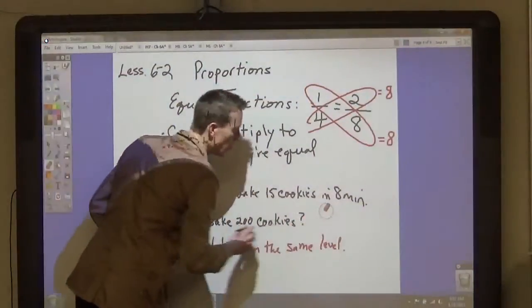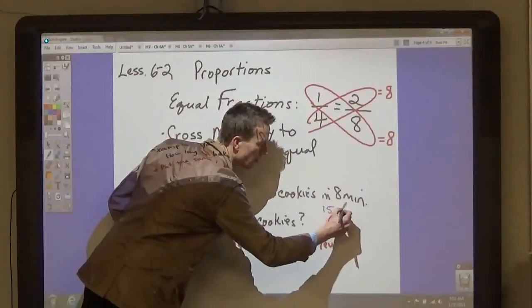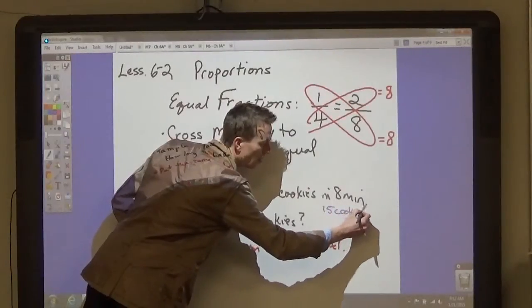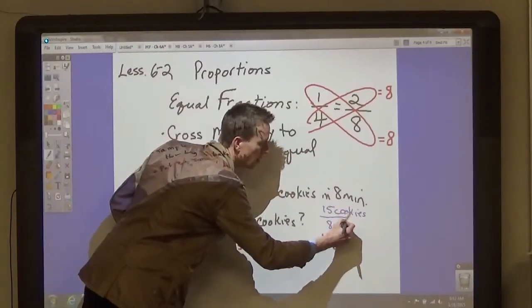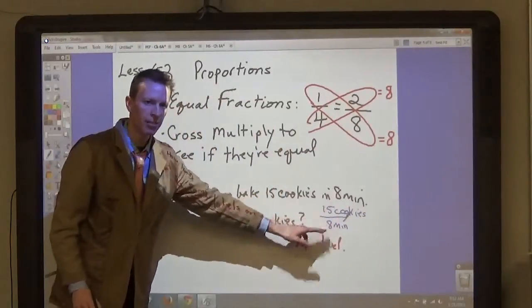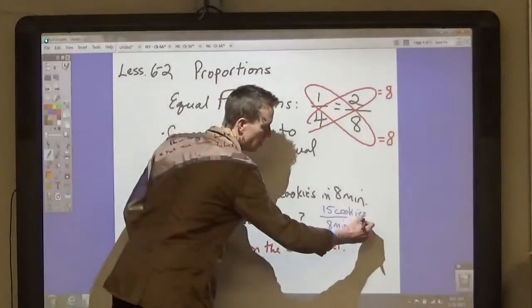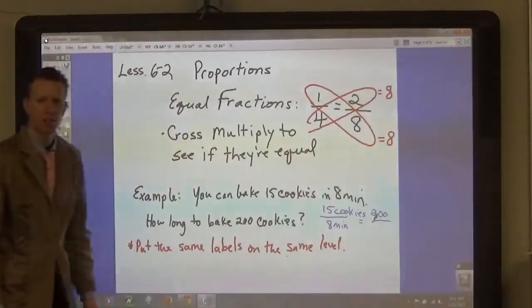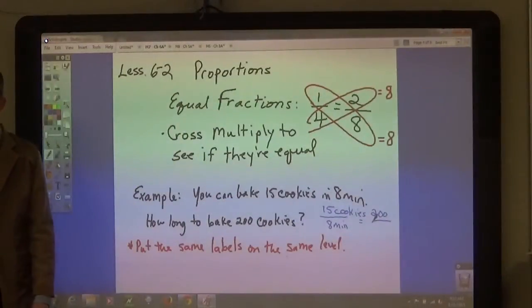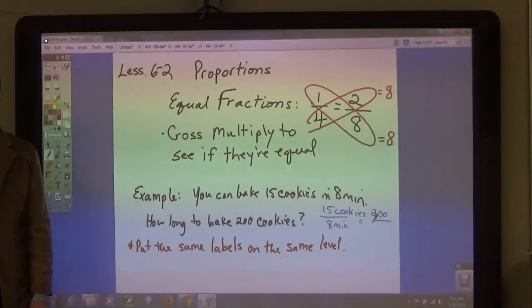15 cookies over 8 minutes, or 15 cookies in 8 minutes, equals 200 cookies in, what would we use for time? Use a variable, right?